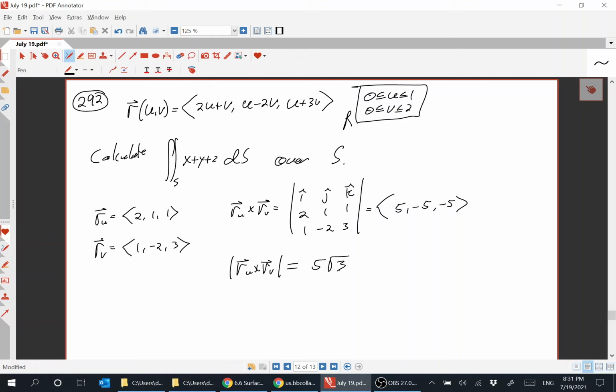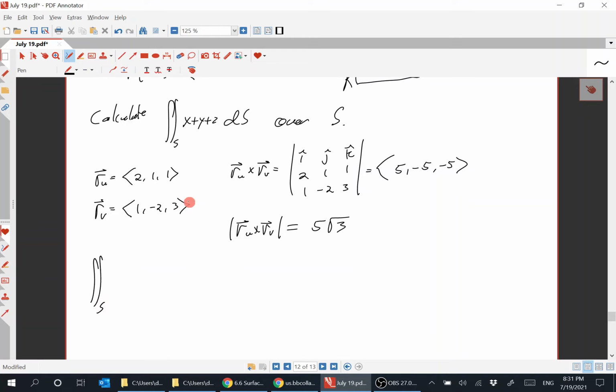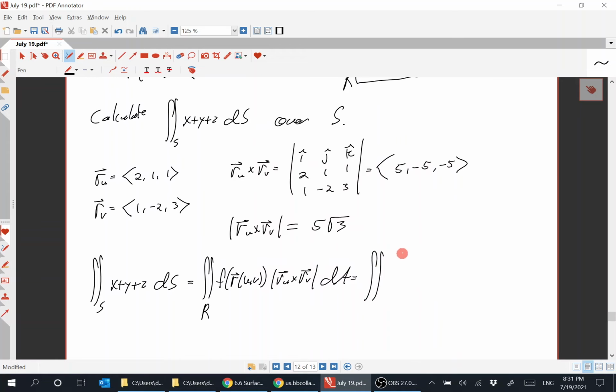So now the scalar surface integral of x plus y plus z dS is equal to the double integral over R of f of r(u, v) times the length of r_u cross r_v dA.